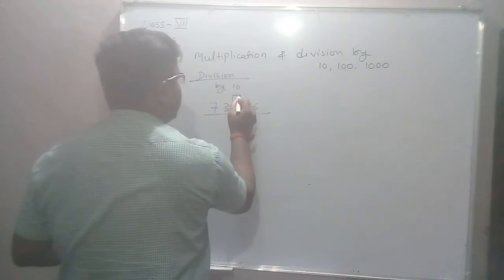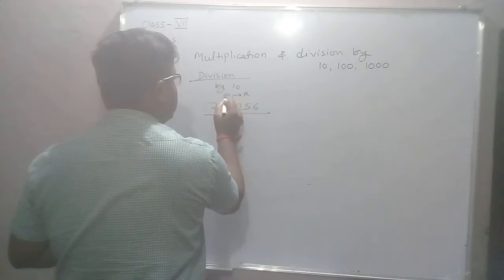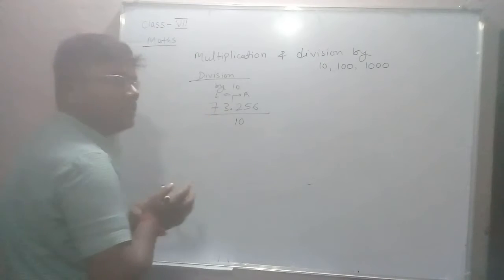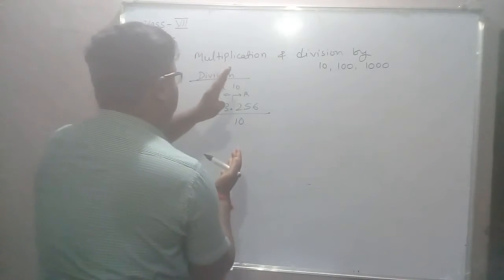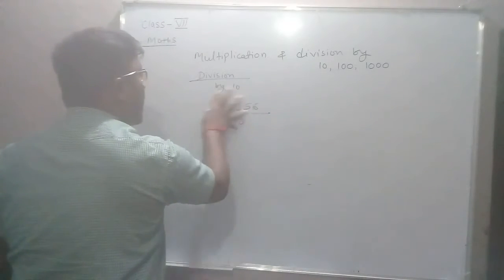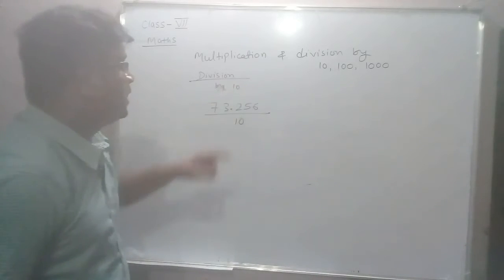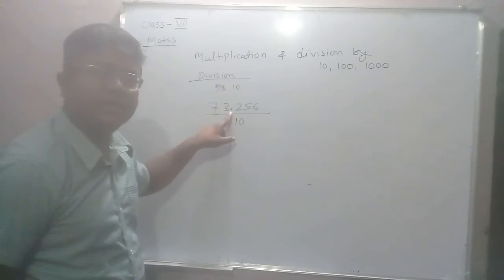From here you will take this side as right and this side as left. From the decimal place we are going to shift the decimal towards the left. After how many places are we going to shift this decimal?